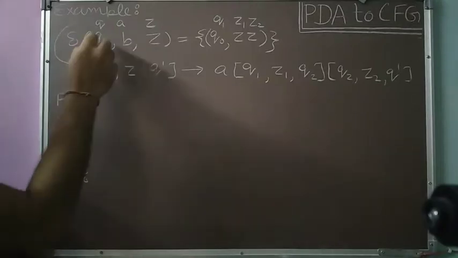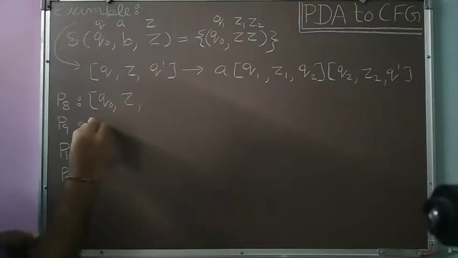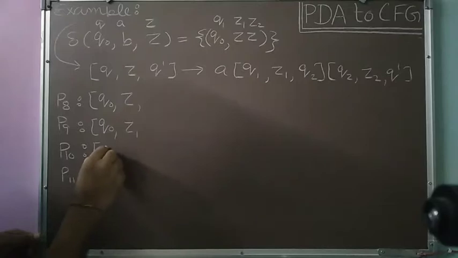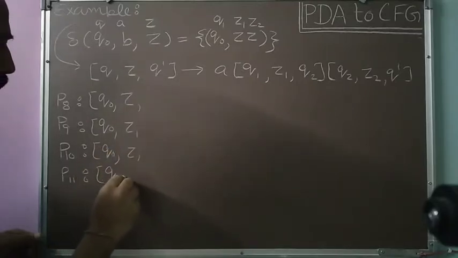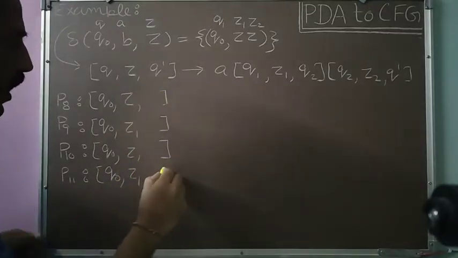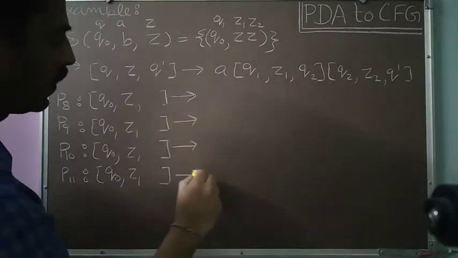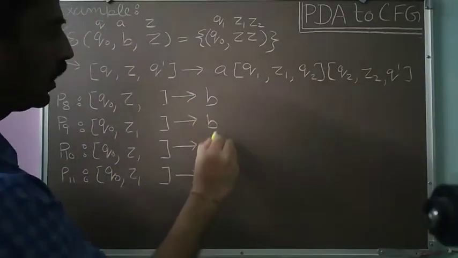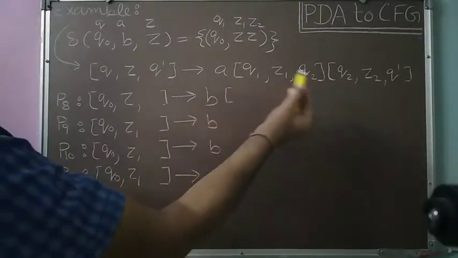Now for [Q Z], Q is Q0 and Z is Z, so Q0 Z, and I will fill in the value of Q dash here. The value of A is B. Then I will write the first triple [Q1 Z1 Q2].